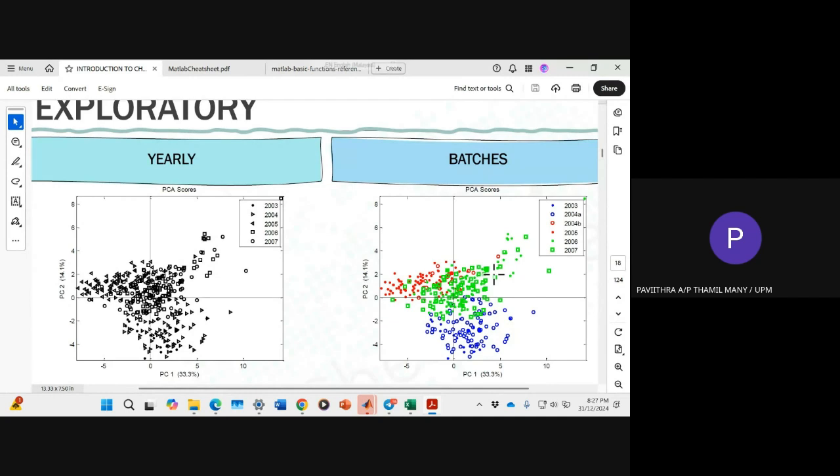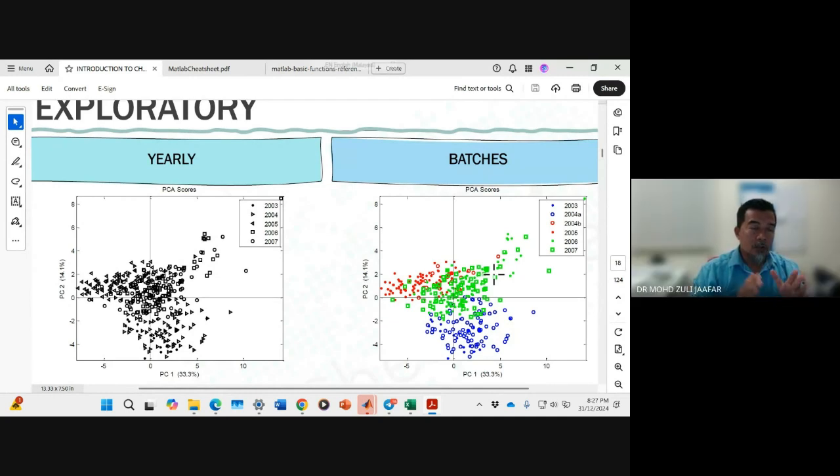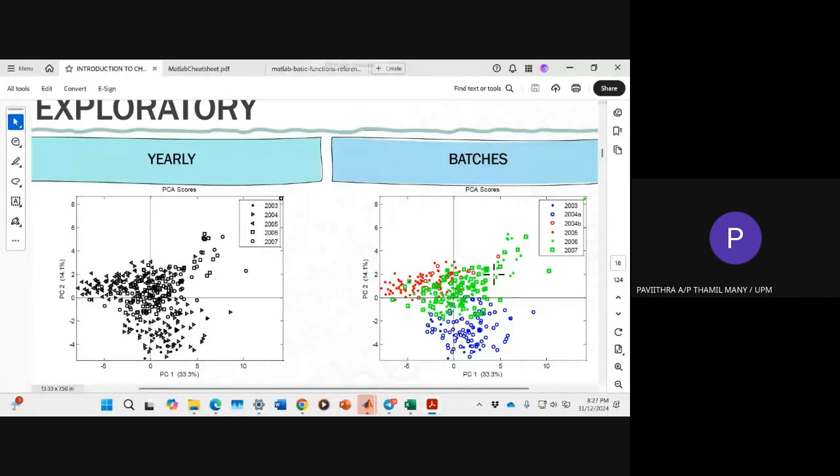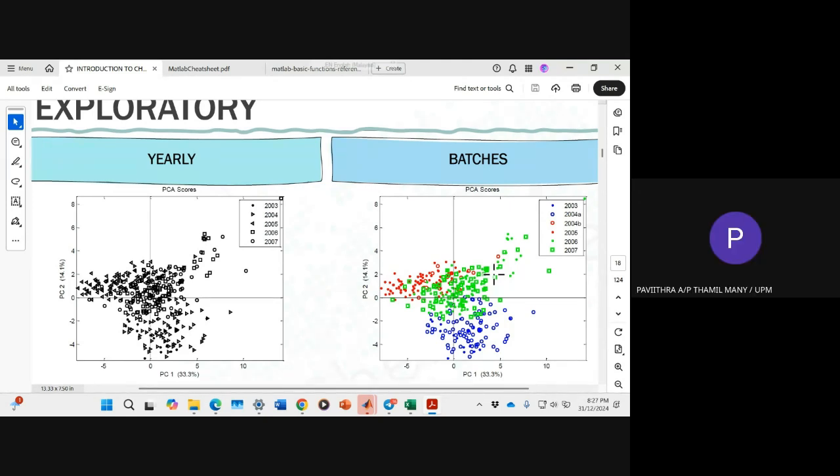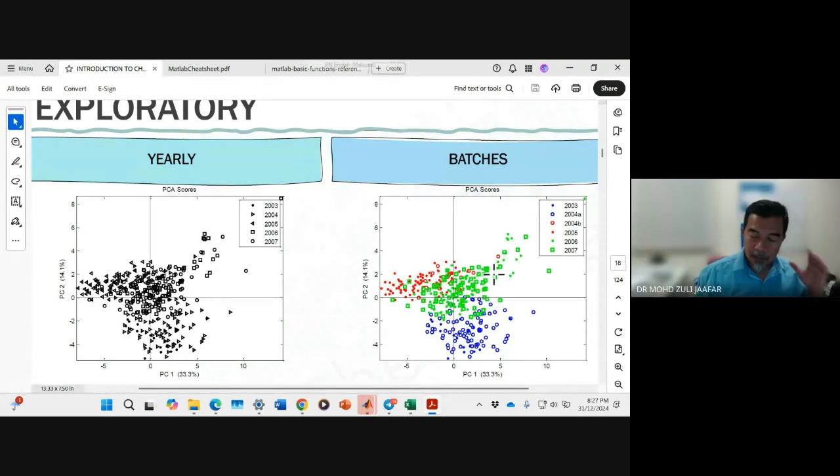Okay, so I would suggest you try to run on a different instrument. I do believe that you will see a difference like this, because a different instrument will give you different wavelength, different sensitivity, different LOD, different amount of spectrum, isn't it?